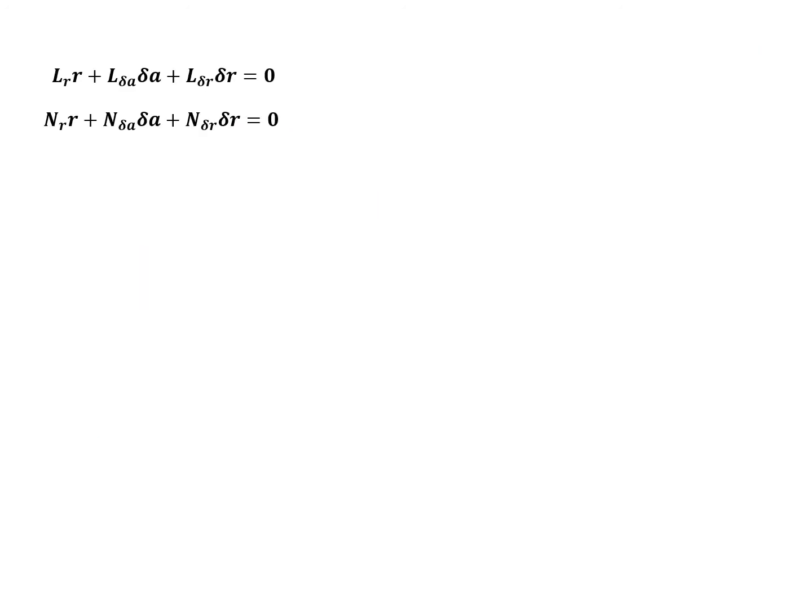I'm pasting the two governing equations here, and we can write them in matrix form. We are familiar with this from the previous lecture on steady sideslip, so it's straightforward. We just find the inverse of the coefficient matrix, and then we can get the answer.